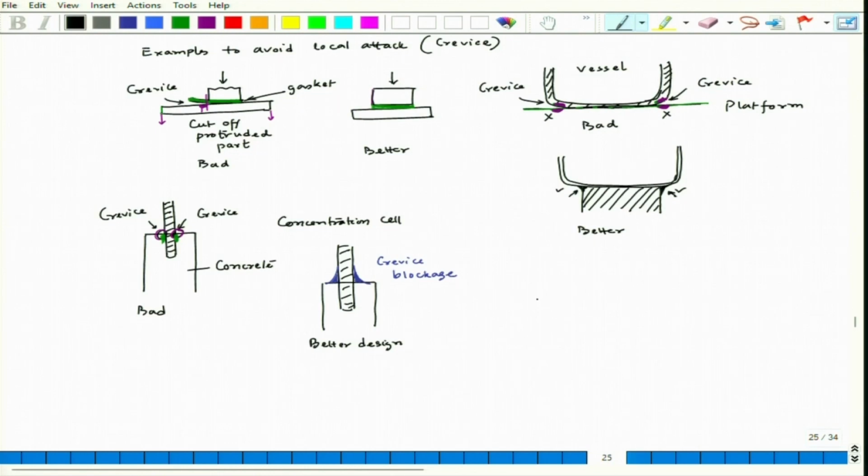So, if we have a square section, let us say this is the square section.